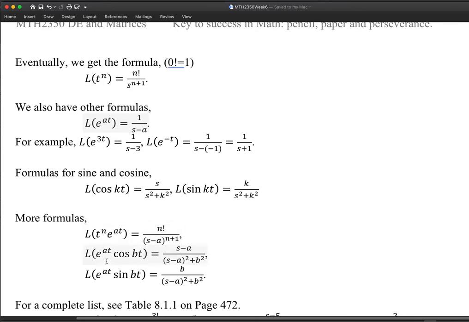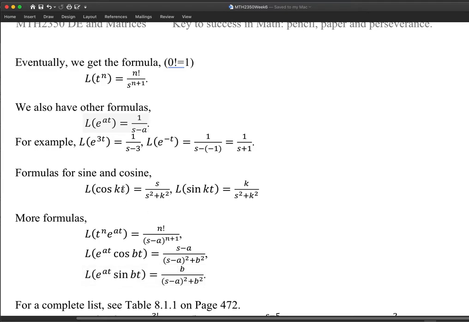Then look at e to the at times cosine bt. This is the transform of cosine kt only, and with the exponential term, the s is translated into s minus a. Similar situation for the Laplace transform of e to the at times sine bt.